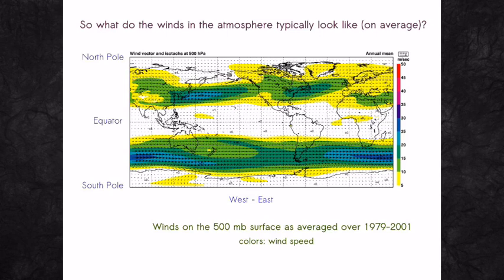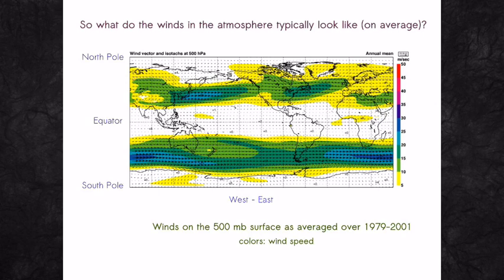And what's shown is the winds on this pressure surface, averaged over a long time period. It's actually about 20 years here, 1979 to 2001, so I guess that's 22 years, so that we get an idea of what the dominant, robust pattern is in the winds.